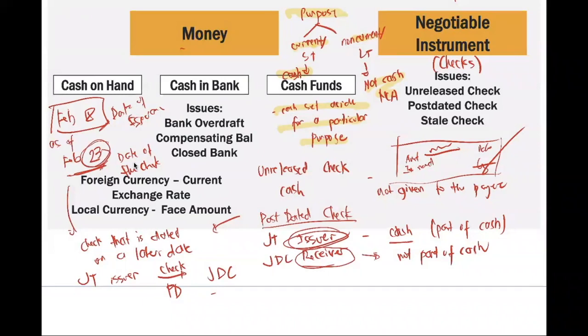When will it transfer to Juan de la Cruz? February 23. So as of now, it's still part of cash. On the part of the receiver, since you will only receive that as cash on February 23, as of today, February 18, it is considered not part of cash. Post-dated check: on the part of the issuer, cash; on the part of the receiver, not part of cash.